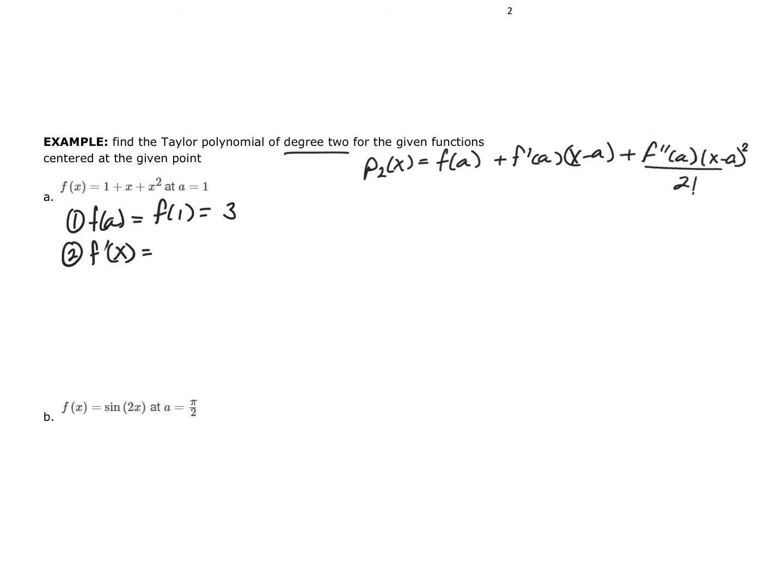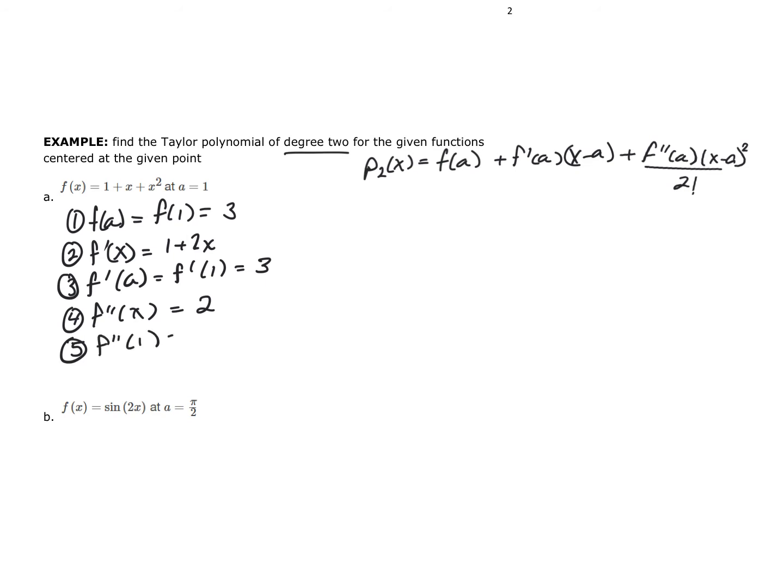First I'm going to find the derivative, which is going to give me 1 plus 2x. And then I also need f prime of a, which is f prime of 1, which is equal to 3. I will also need the second derivative of my function, which is just 2. And then, of course, it makes no sense to evaluate f double prime of 1 because it's only going to give me 2. Now I'm ready to follow this pattern.